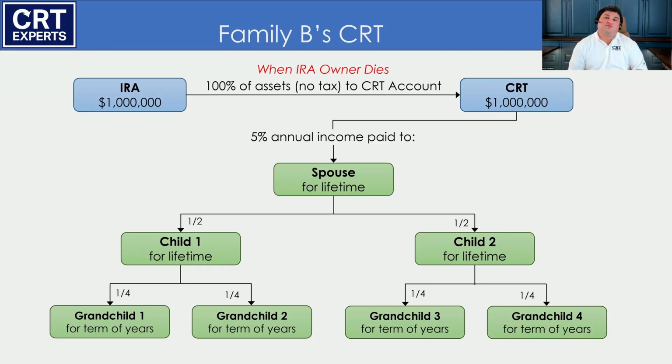Actuarially, the grandkids would be expected to significantly outlive the term of years. So this is what we call, and we'll look at the mechanics in a bit, a lives plus term structure in order to include all 3 generations on that CRT.